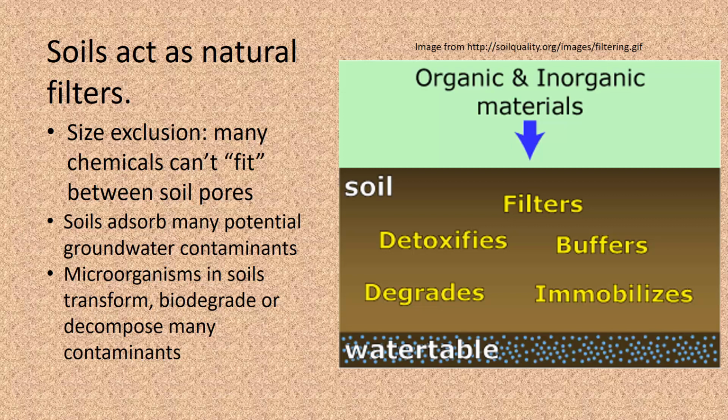They can biodegrade them all the way, or they can simply decompose them somewhat into other chemicals. So there's many different ways that soils are filtering water so that contaminants and chemicals don't make it down to the water table.